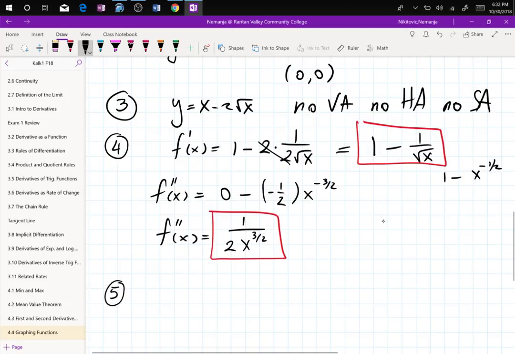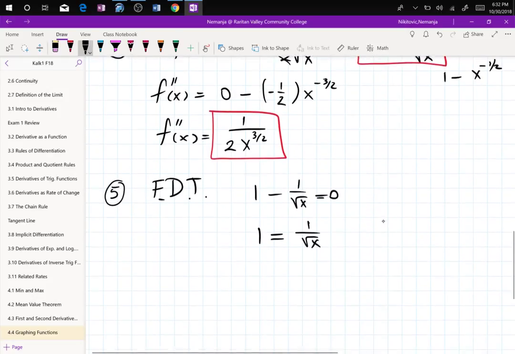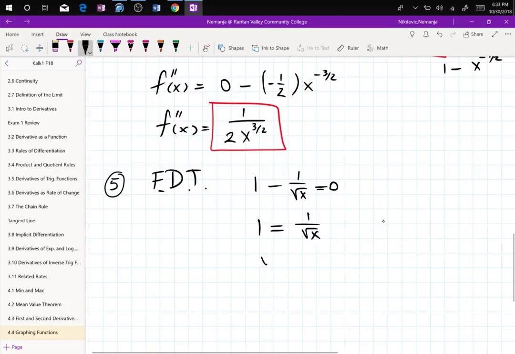And now it's time for the first derivative test. First derivative test means take the first derivative and set it equal to 0 to find the critical points. So what do I have? 1 is equal to 1 over root x when you ship it to the other side. When you cross multiply, you get square root of x equals 1. You square both sides, x equals 1. We have our critical number.